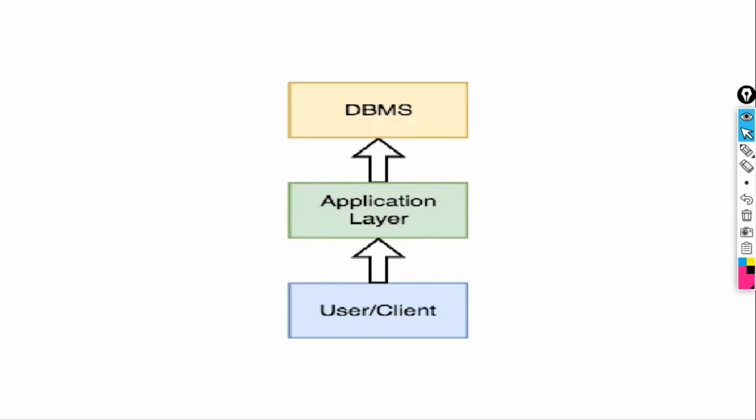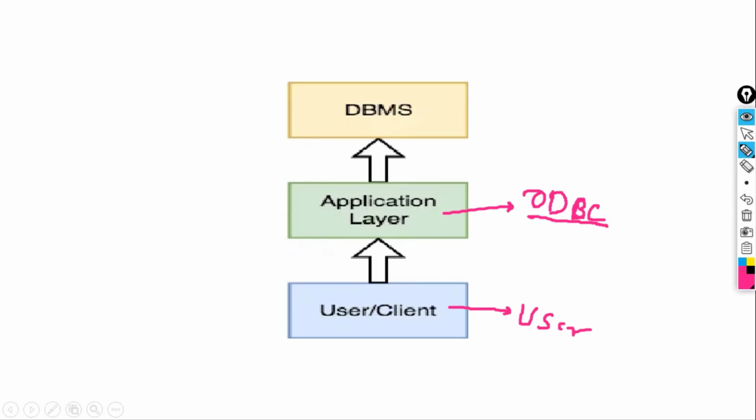Now, this is the basic structure of two-tier architecture. Let me help you. See here, we have the client, the user, and here ODBC, Open Database Connectivity, nothing but the application layer.